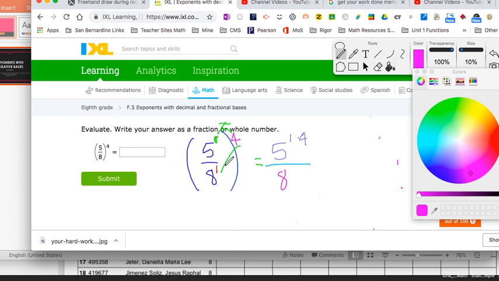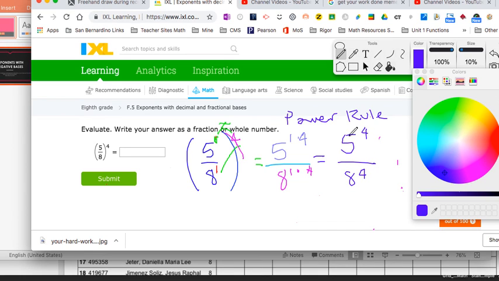And what's your exponent rule? 1. When you have a parenthesis, you multiply. So this is 1 times 4 as well. Okay, I'm going to simplify this. You don't have to do all this work, but I want you to see the power rule, right? So this is 5 to the 4 over 8 to the 4.